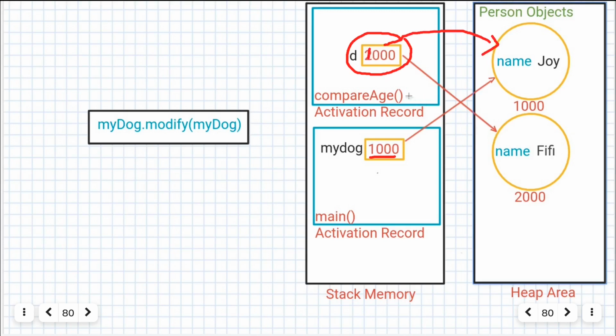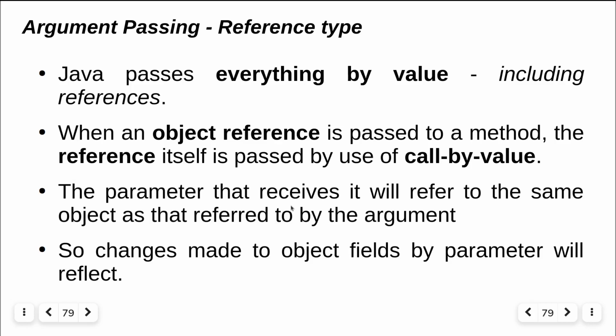When we assign this D with the new object reference, now D is pointing to this, not this. When we make any changes to this D, those changes are not reflected here. This parameter value and this argument value are completely different. But when we are accessing the object fields, they are reflected in main.